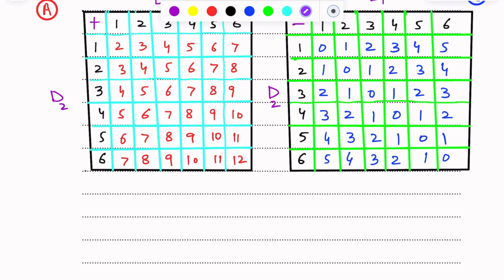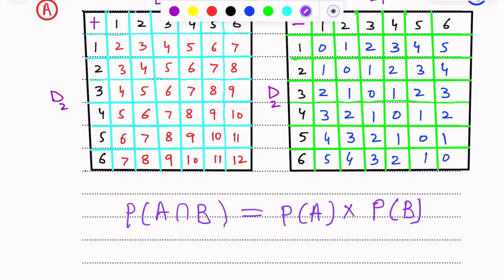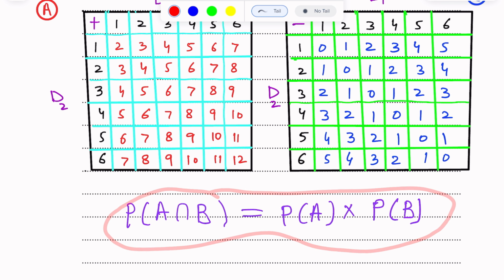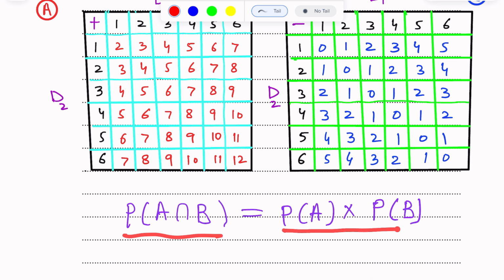For independent events, the probability of event A intersection B is equal to probability of A times probability of B. This is the formula to determine whether the events A and B are independent or not. If the left hand side is equal to the right hand side, then the events A and B are independent. Otherwise, not independent. If not equal, then not independent.